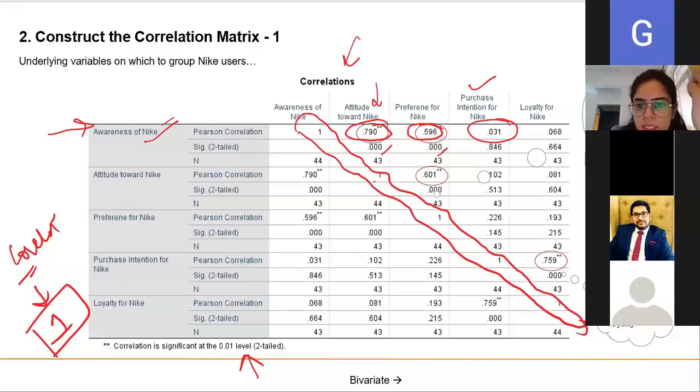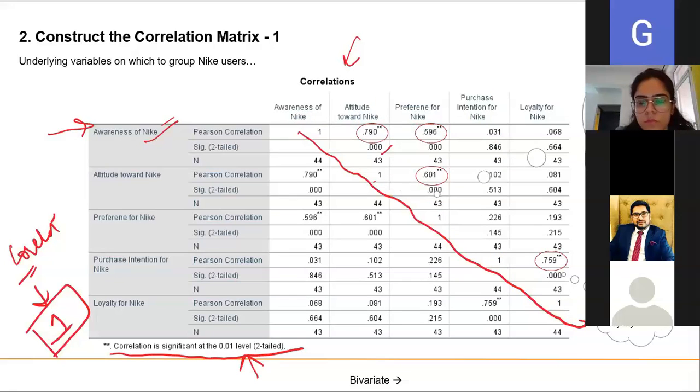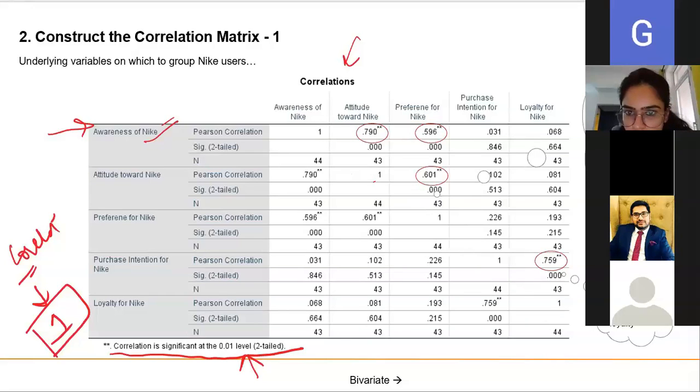And second thing is the significance level. Check the significance level. It is written here, correlation is significant at the 0.01 level. Here it is not less than 0.01. It's 0.846. It is not significant. And can you see any negative correlation here? No, there's no negative correlation, in all these variables.